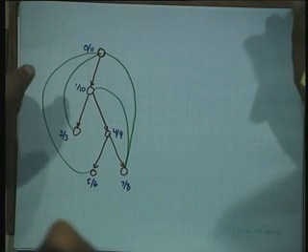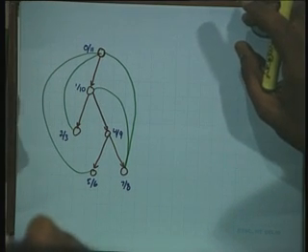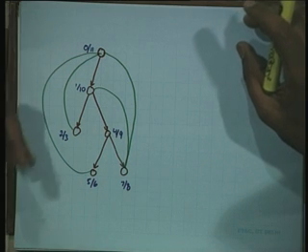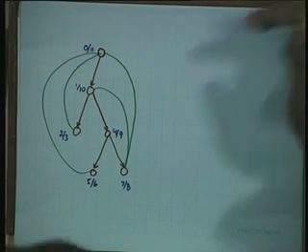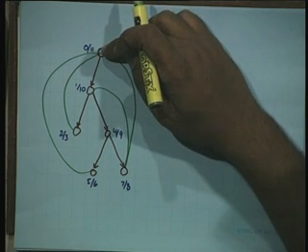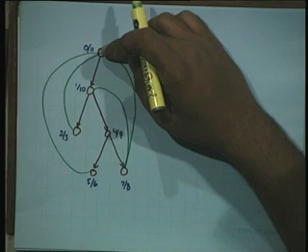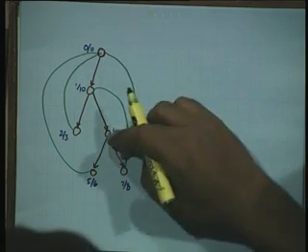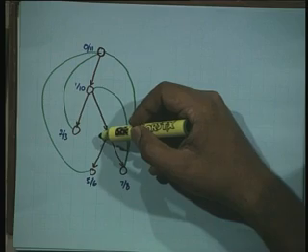I have just redrawn it, so that now it looks like a rooted tree, right. And the predecessor of a node now is just the parent of that node, right. If I define this as the root, then there is a natural parent child relationship between the nodes. The parent of this node is this, and it is also the predecessor, right.